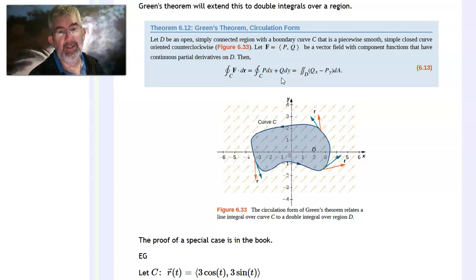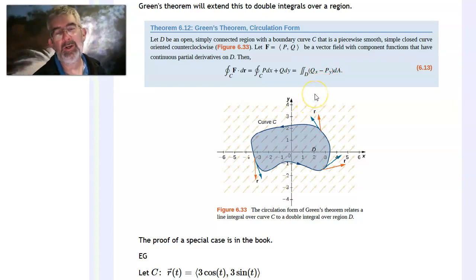Green's theorem says that this is equal to the double integral over the region D of the partial of Q with respect to x minus the partial of P with respect to y, dA. Okay. You can think of it two ways.